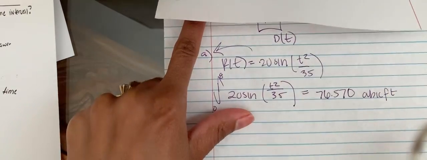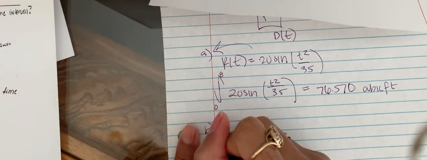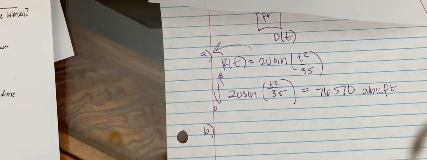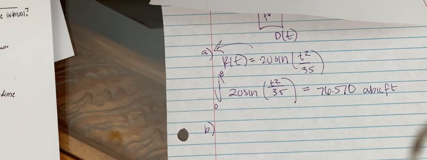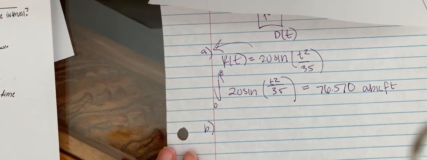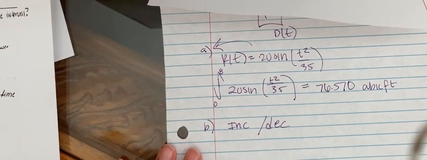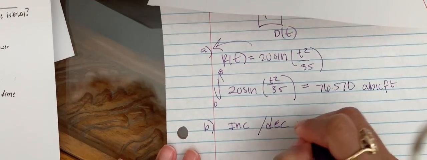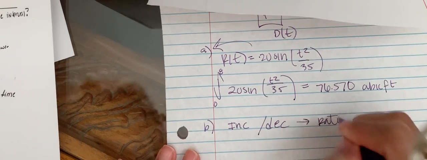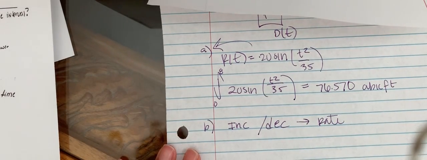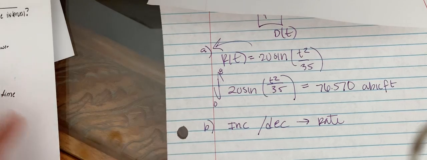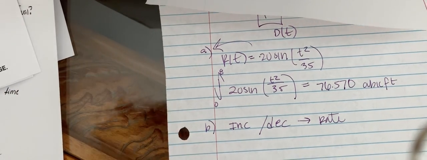Okay, now let's go to question B. Question B says, is the amount of water in the pipe increasing or decreasing at this time? So right now we're talking about increasing and decreasing. That means right away in my head, I know I'm talking about the rate. If you look at the other notes, we made some notes on increasing and decreasing.